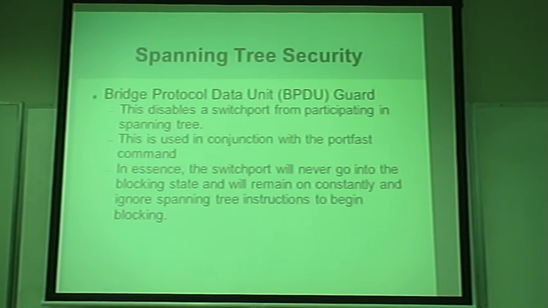What BPDU guard will do is, if I have other things going across here and I get really crazy with my network and I start linking things together, what spanning tree will do is it will work with BPDU guard and help block different links when they come up.